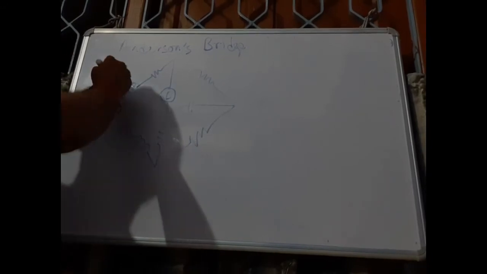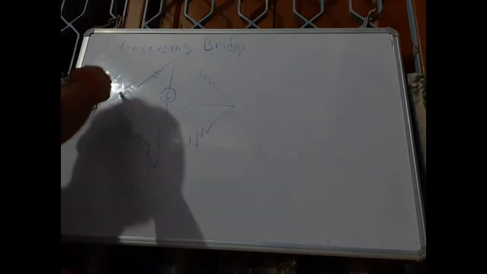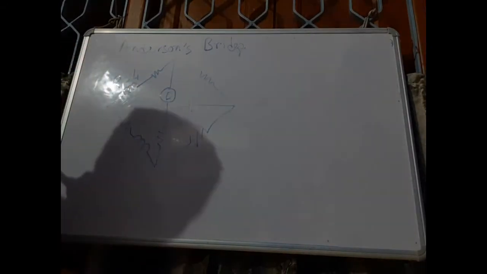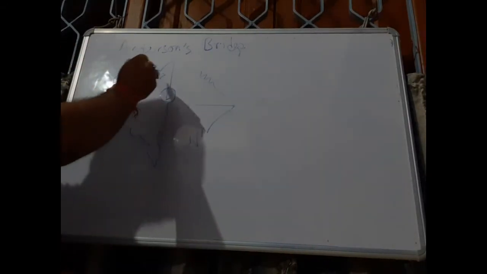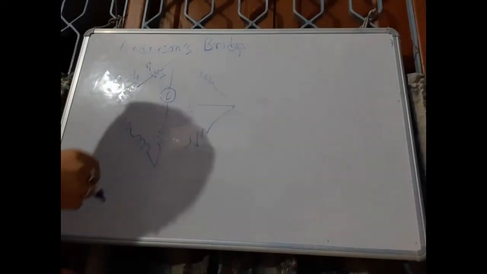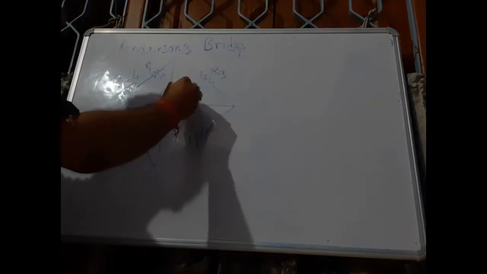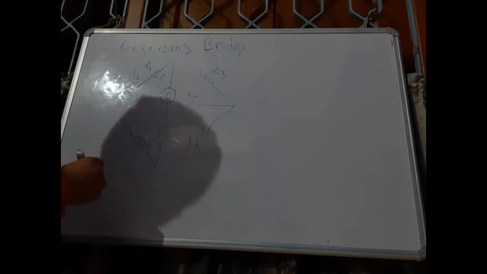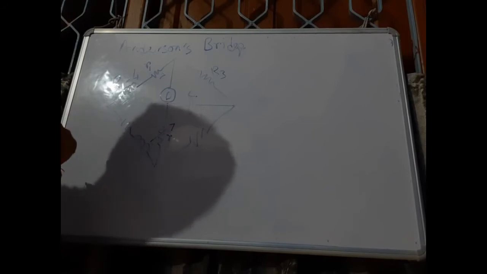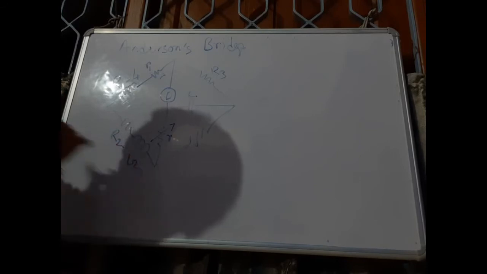This inductor has internal resistance, say R1, and this is L1, and there is a variable resistance used as small r1. This is R3, and this is say C. This is also a variable resistor, say small r, and it has resistance R2.